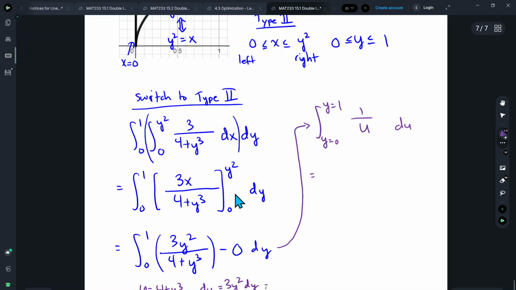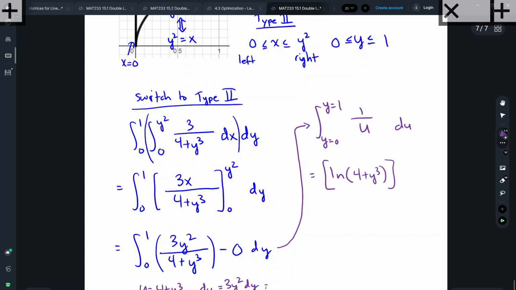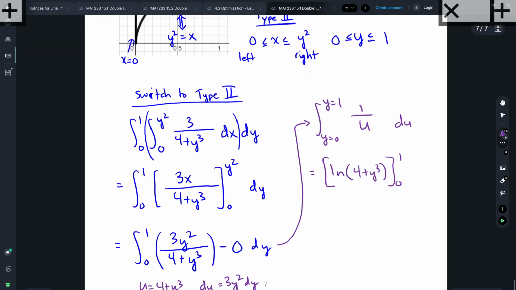The antiderivative of 1 over u is just the natural log. Let's plug u back in, because here this is in terms of y. So what was u? 4 plus y cubed, evaluated from 0 to 1.